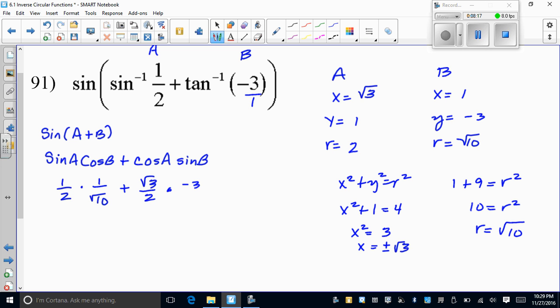So we get 1 over 2 radical 10 minus 3 radical 3 over 2 radical 10. Or 1 minus 3 radical 3 over 2 radical 10.